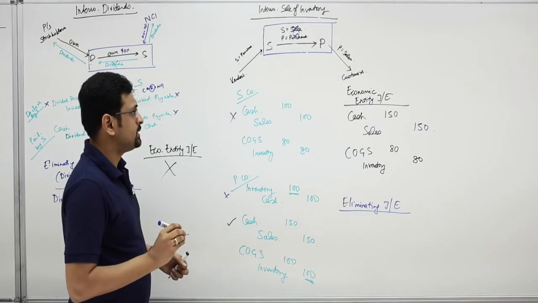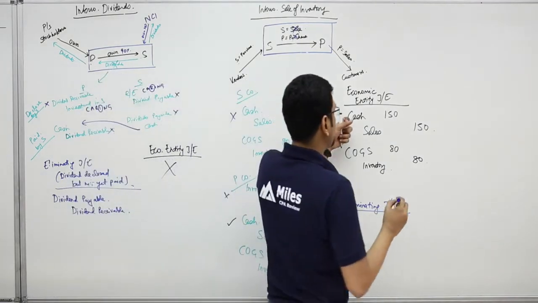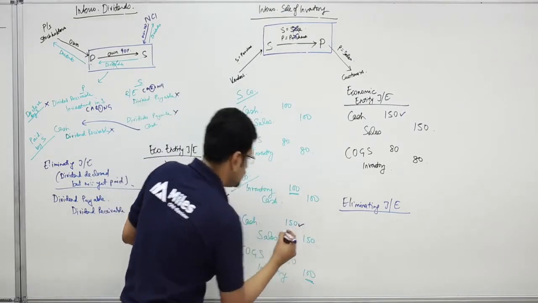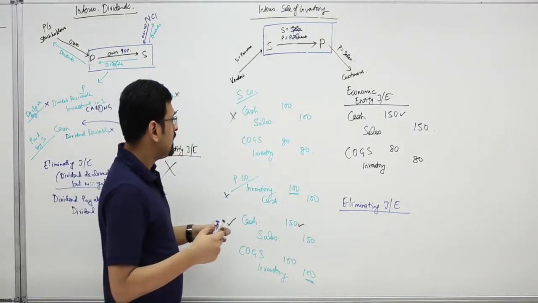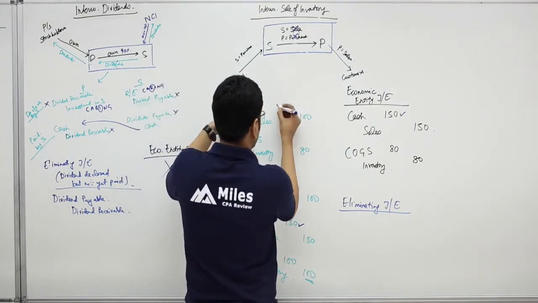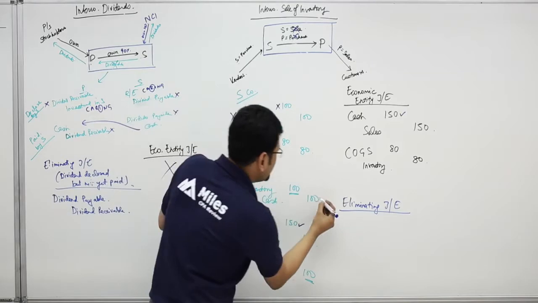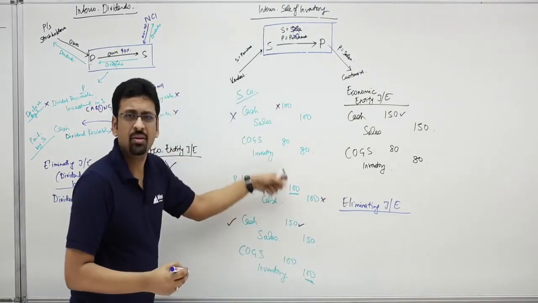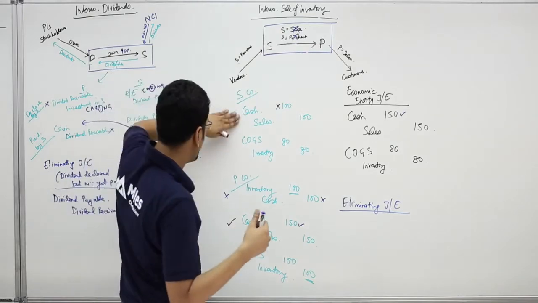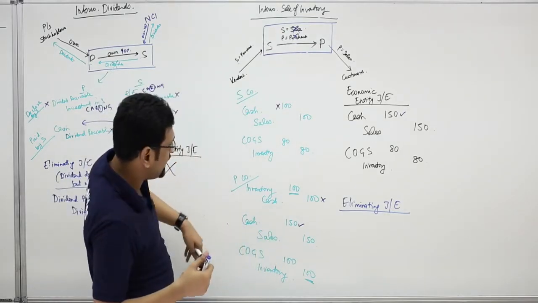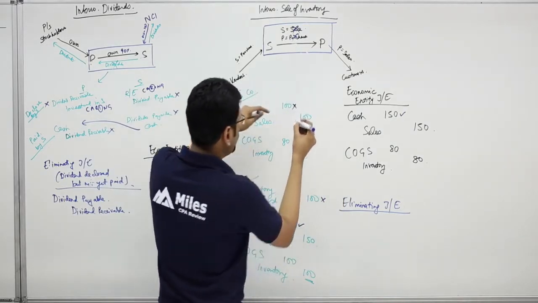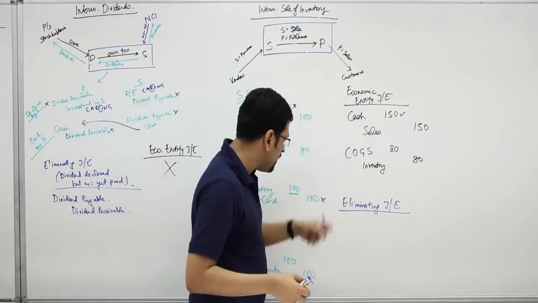So guys, if you look at this, cash came into the company $150. Here again you have $150. So this is good. Cash came into S $100. Flowed out of P. So that's okay. Flowed out within the company, within the economic entity, that's fine. Now, when I'm looking at sales, I'm good with the cash numbers, cash is all good. When I'm looking at sales, sales should have been $150.